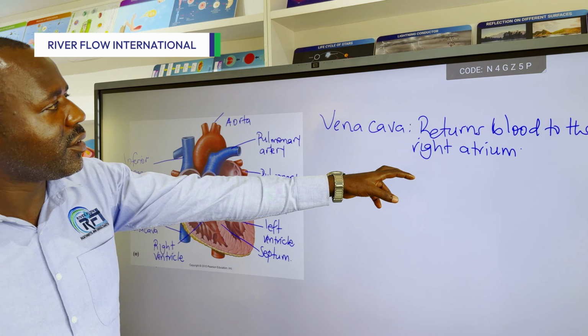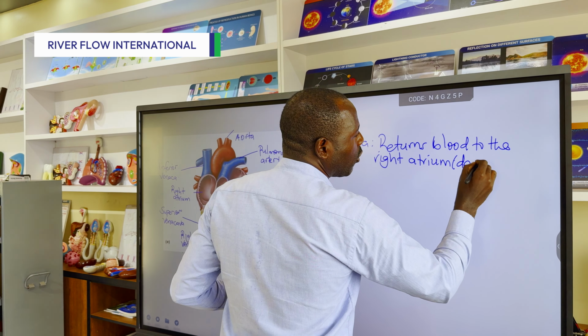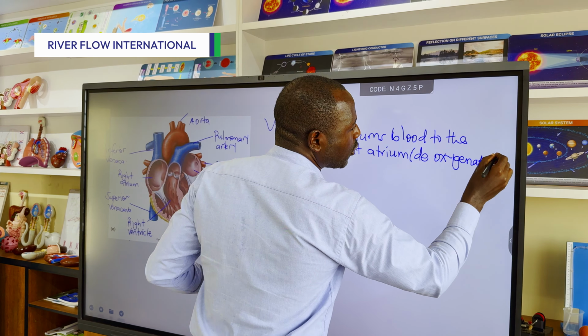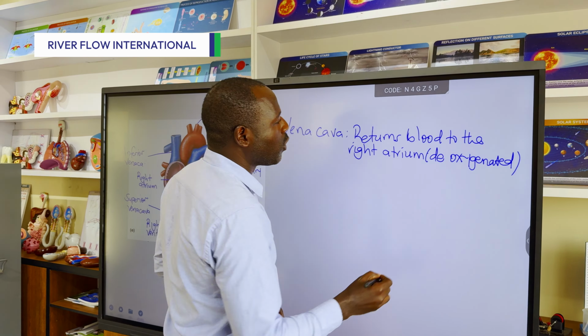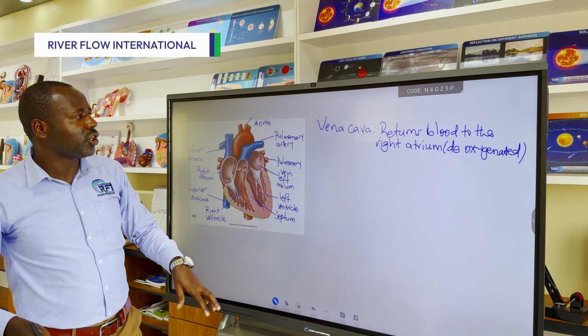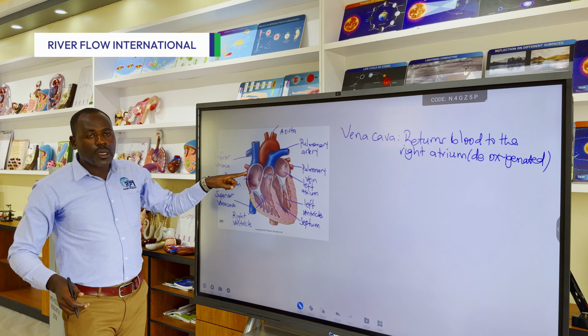And this blood that is returned to the right atrium, it's blood we call deoxygenated blood. So this vena cava returns blood without oxygen, or what we call deoxygenated blood, to the right atrium.